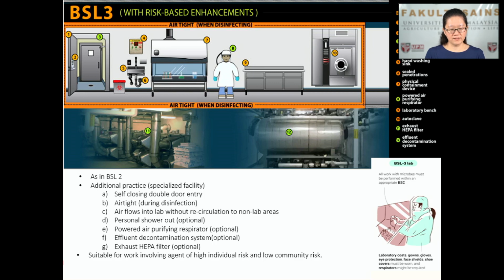Other than that, some optional facilities such as personal shower out, powered air purifying respirator, influent decontamination systems, and exhaust HEPA filter are also optional depending on the lab. This type of lab is suitable for work involving agents of high individual risk and low community risk.